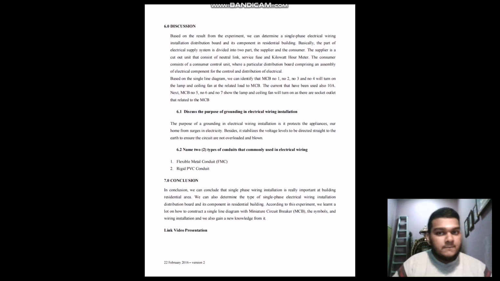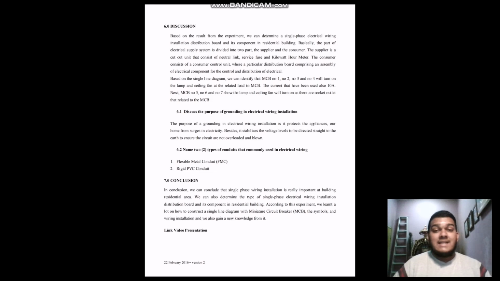The supplier is a cutout unit that consists of neutral link, service fuse and kilowatt hour meter. The consumer consists of a consumer control unit, a distribution board comprising an assembly of electrical components for the control and distribution of electricity.